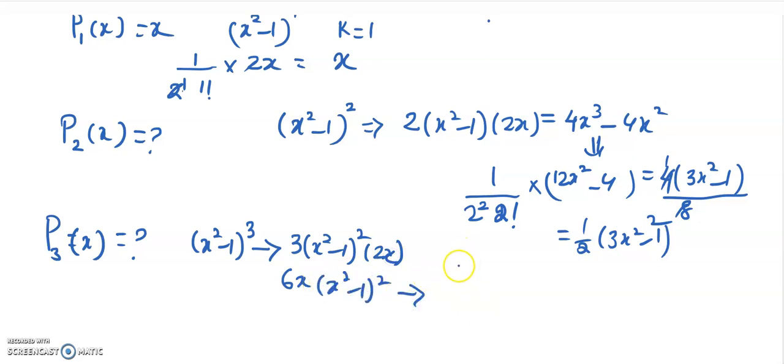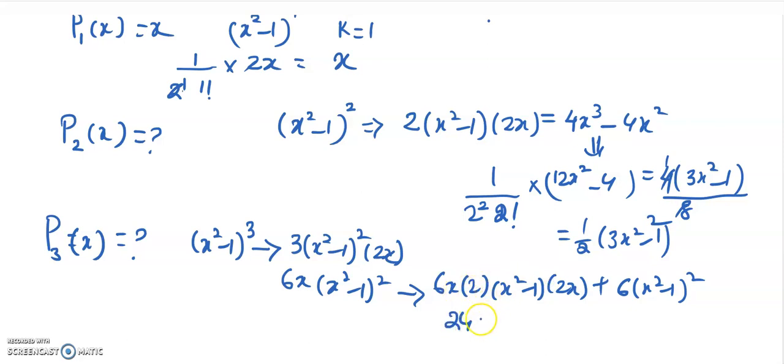Take its derivative again. We can apply the product rule, so 6x times 2 times (x squared minus 1) times 2x, and then 6 times (x squared minus 1) squared. 6 times 2 is 12, times 2 is 24, so 24x squared times (x squared minus 1), plus 6 times (x squared minus 1) squared.